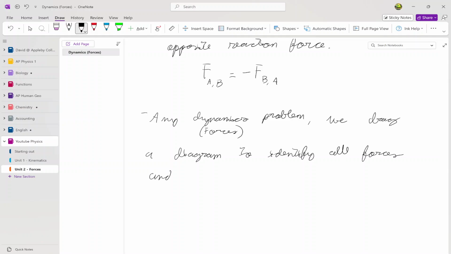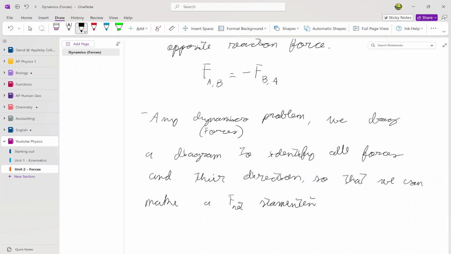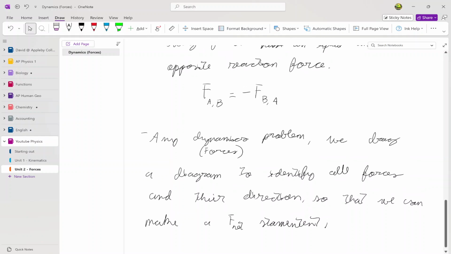Identify all forces and their direction. Remember, forces are vectors, so they have a direction and magnitude. And so that we can make a statement, or better yet, an F net statement, to find the net force.